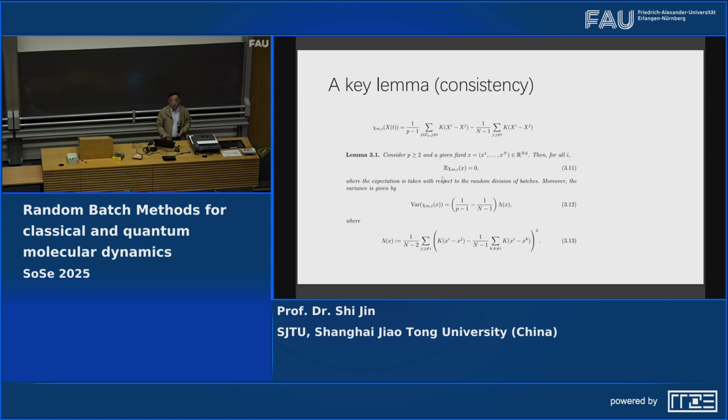However, if you take the expected value, where chi is the error, and assume fixed x, the expected value of chi is 0. So on average, I'm doing the right thing. So instead of taking the total average, I take a partial average, a random partial average. Then the expected error is 0.